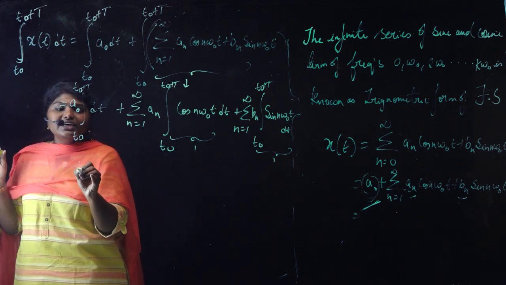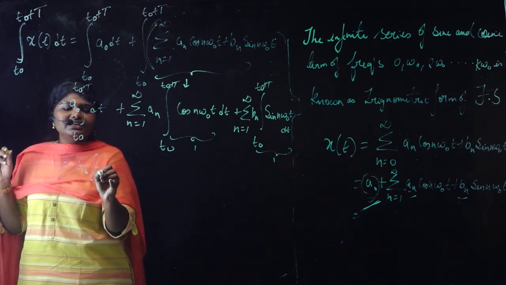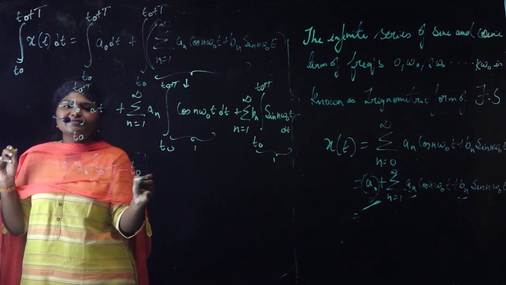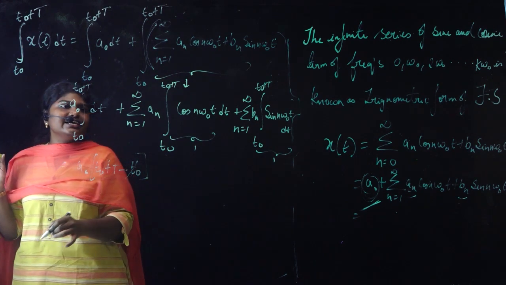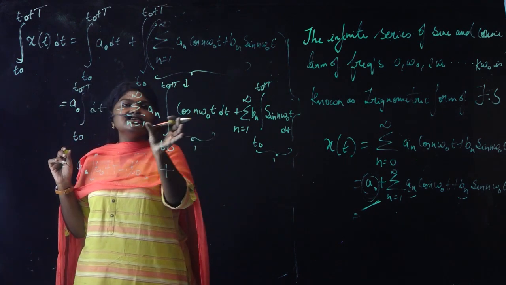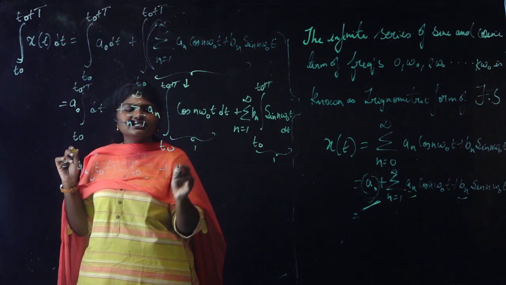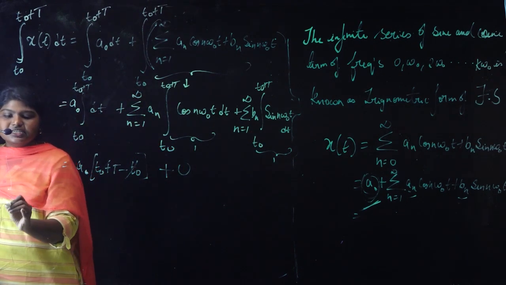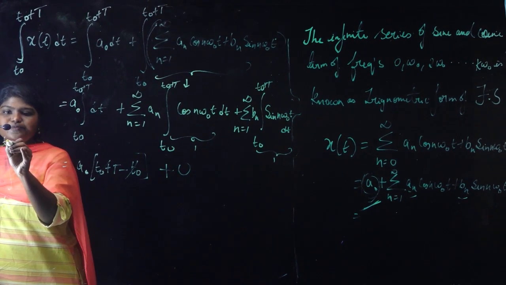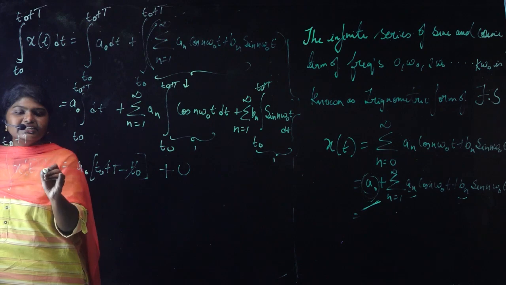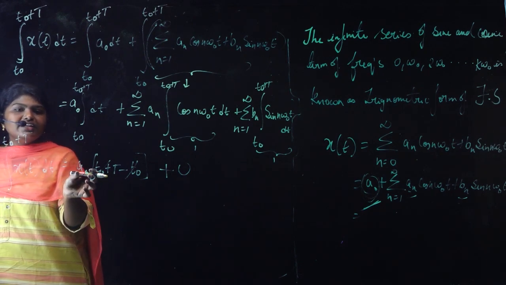So it will be a₀ times (t₀ + T − t₀). These values get cancelled, and the other term is 0, since 0 times this is 0. So this whole term is 0. So this will be equal to the integral from t₀ to t₀+T of x(t) dt. But you want the value a₀.